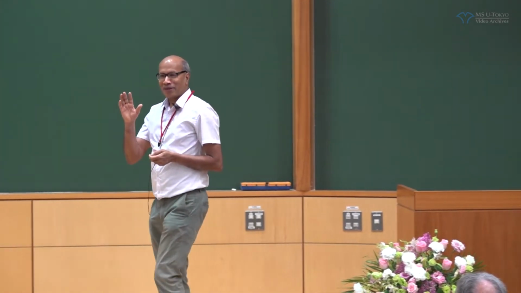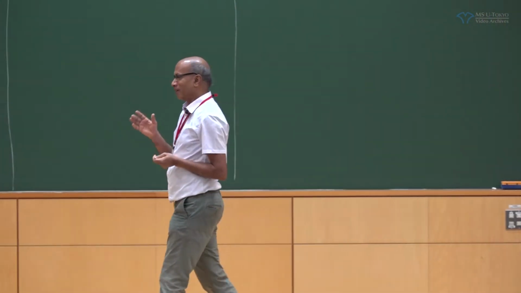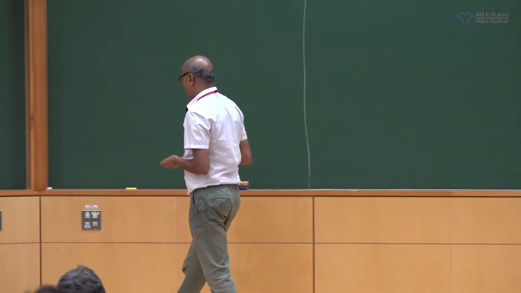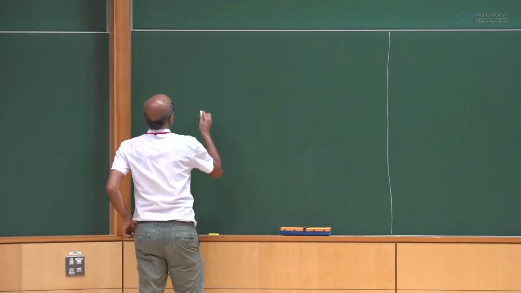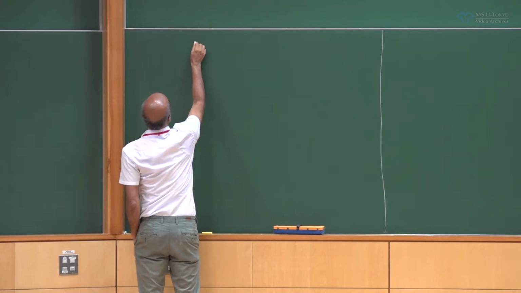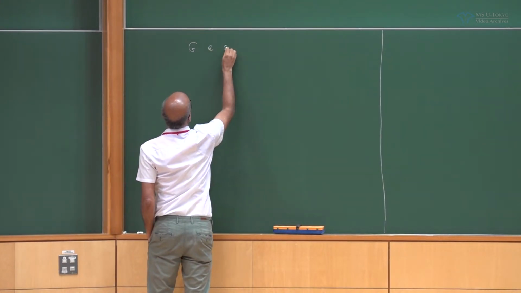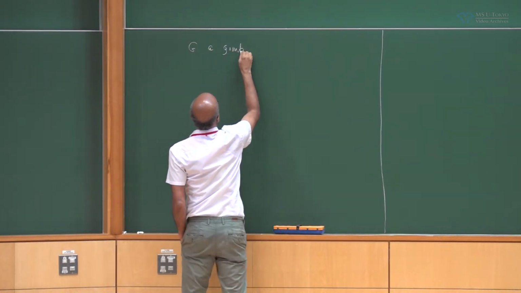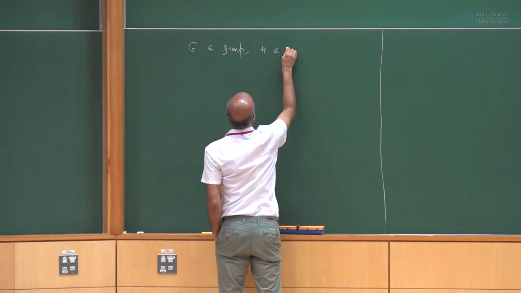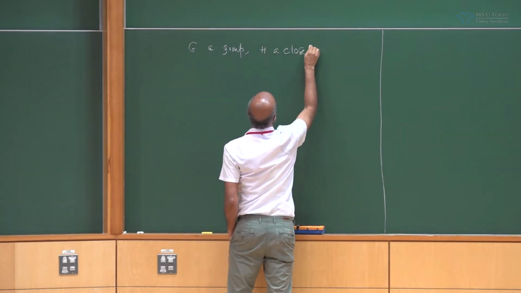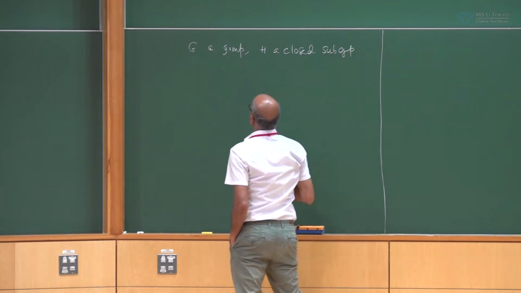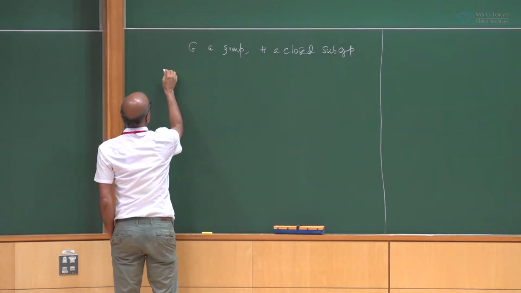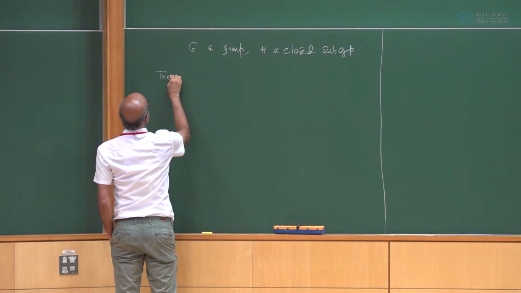I prefer to give a non-technical talk. I hope this will be accessible to most people in the audience. The context of my talk will be that G is a group, H a closed subgroup, and there are two related questions that one considers.